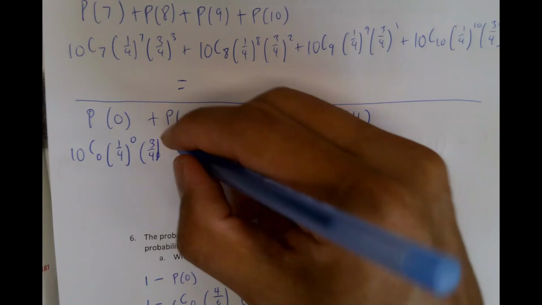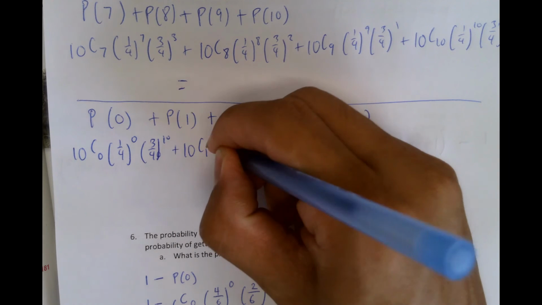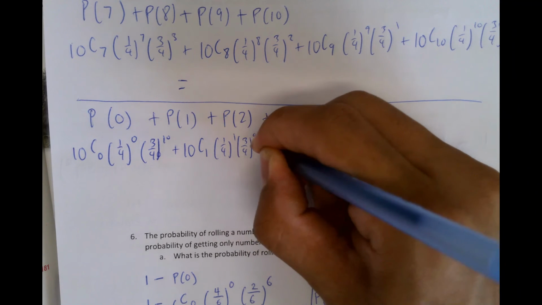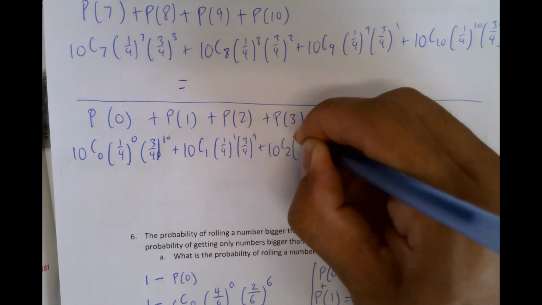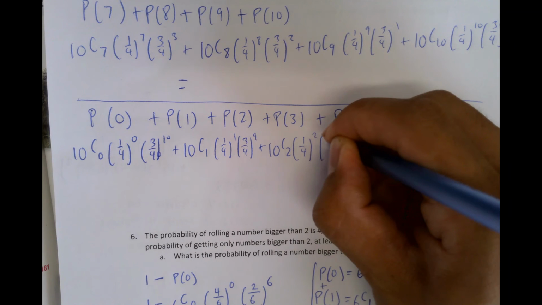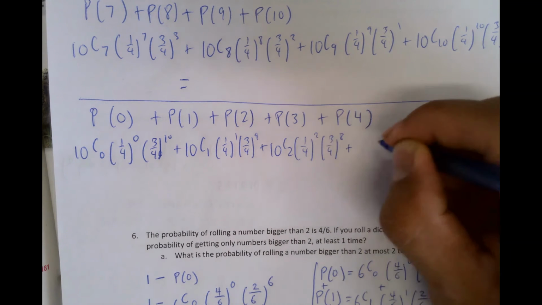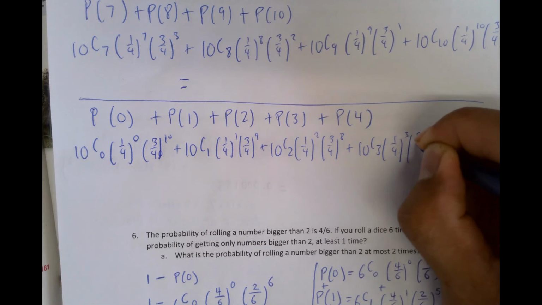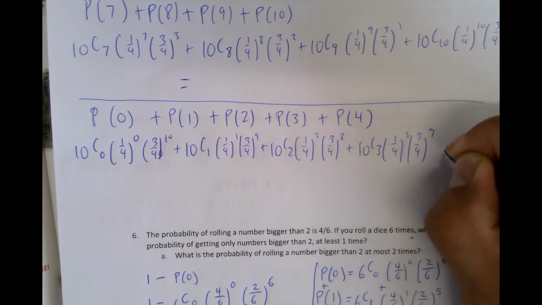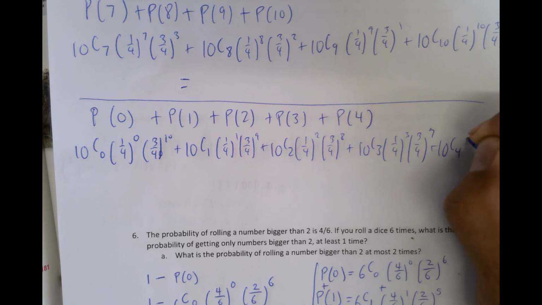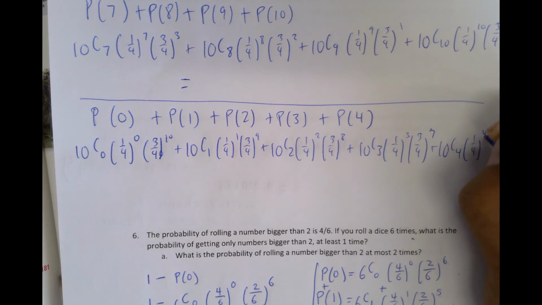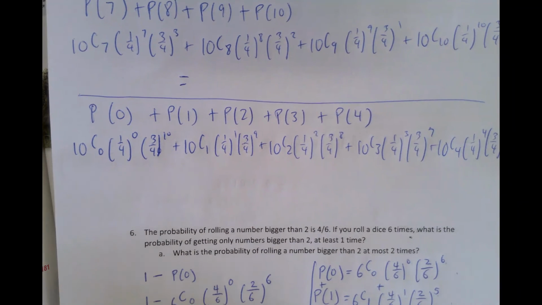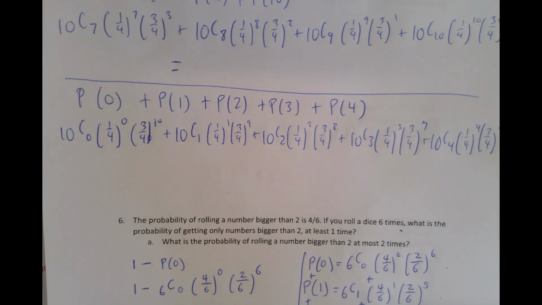You're going to add this to 10C1, 1/4 to the 1 power, 3/4 to the 9th power, plus 10C2, 1/4 to the 2nd power, 3/4 to the 8th power, plus 10C3, 1/4 to the 3rd power, 3/4 to the 7th power, plus 10C4, 1/4 to the 4th power, 3/4 to the 6th power, and add these up all together and you get your answer.